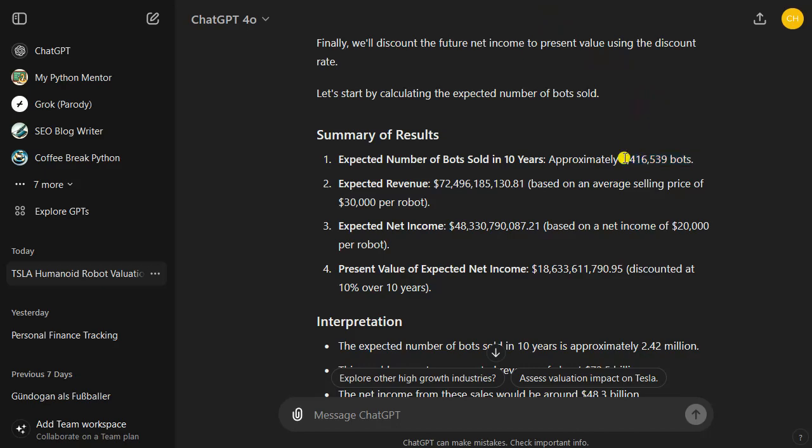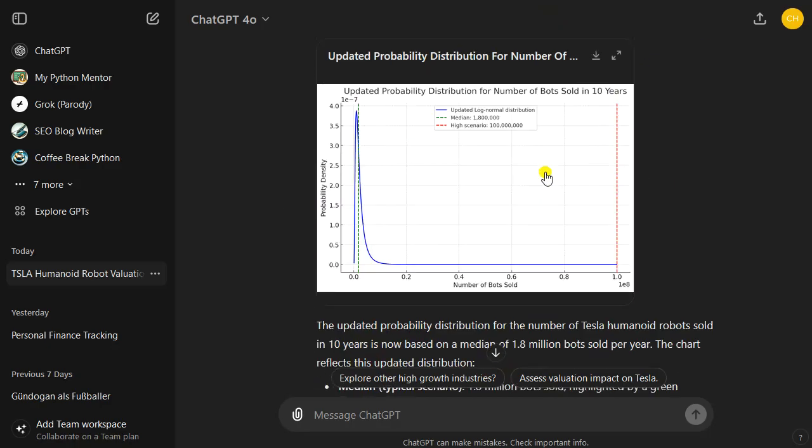Okay, so this 2.4 million comes from the probability distribution outlined here, right? So the uncertainty is already baked into this probability distribution, right? It has events for zero probability, producing zero bots. It has an event for producing 2 million bots or 10 million bots, right? But these probabilities become really low.